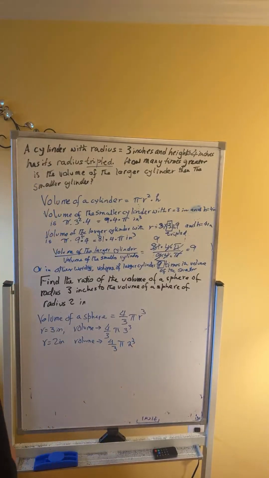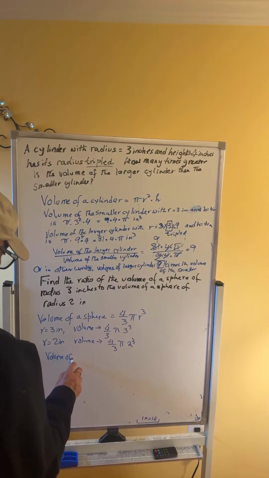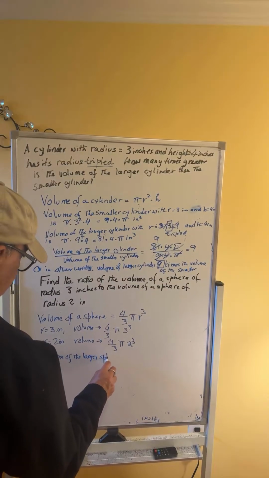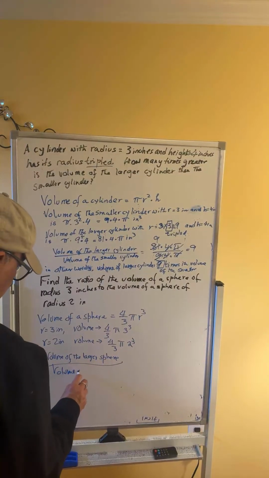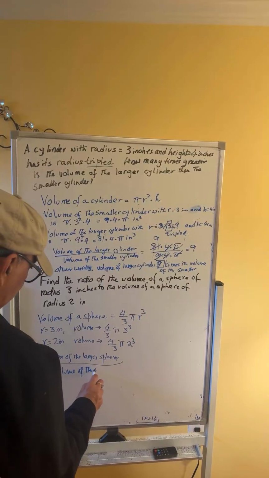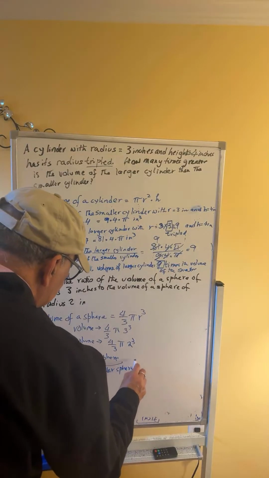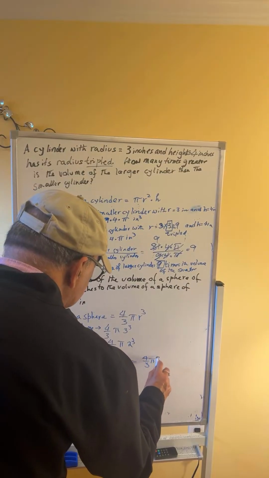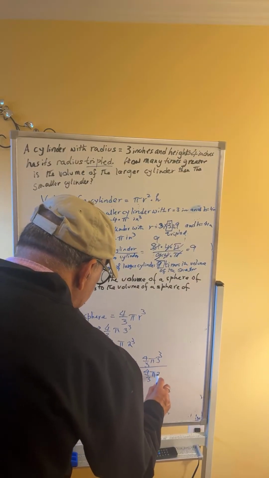Now they want us to find the ratio of the two volumes, the larger by the smaller. So the ratio of the volume of the larger sphere divided by the volume of the smaller sphere is equal to, for the larger sphere, 4/3 pi r cubed, which is 3 cubed, and for the smaller sphere, 4/3 pi 2 cubed.